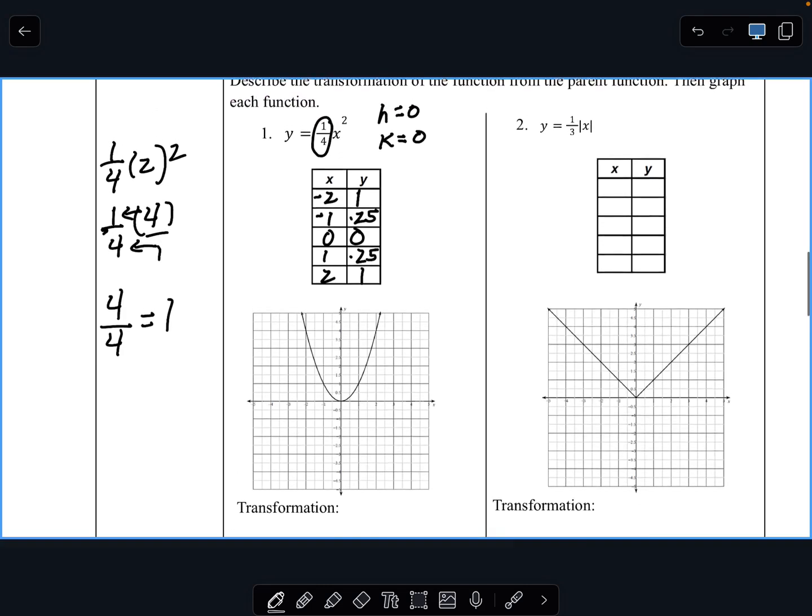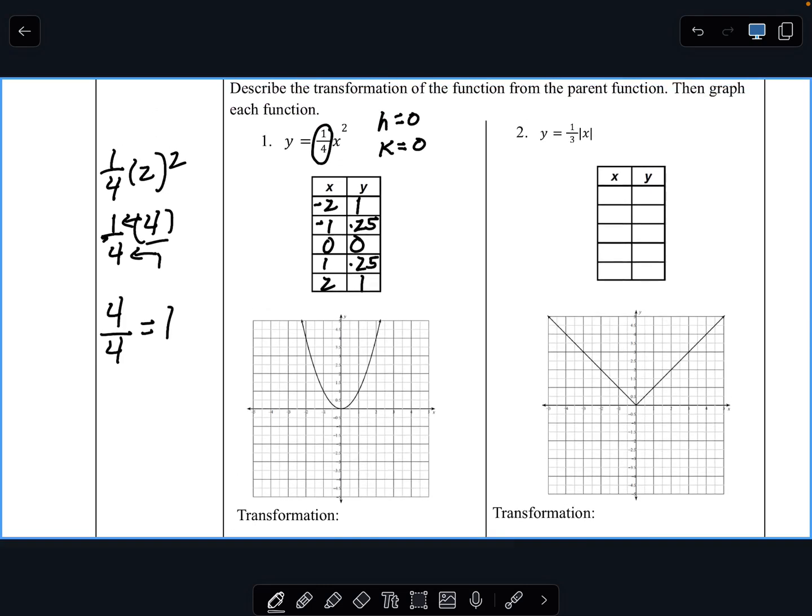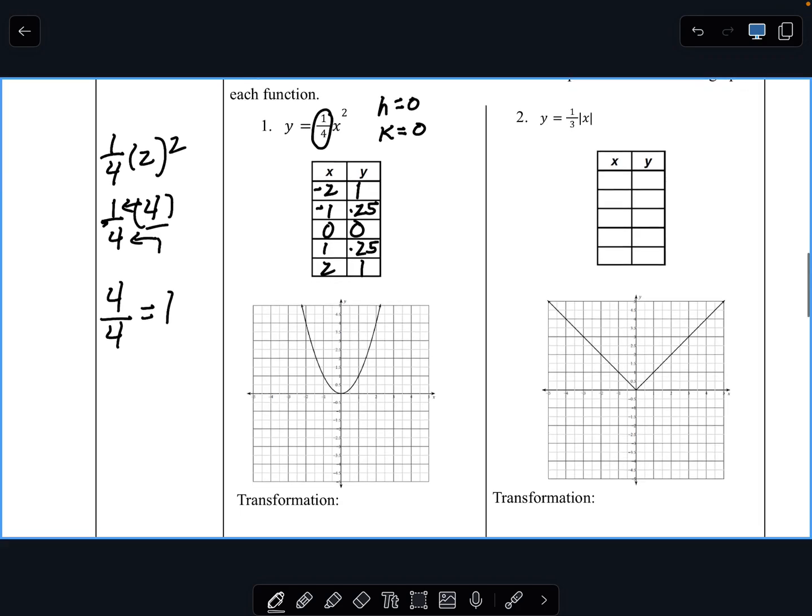So, if this graph right here that's already there is my parent function, x squared, what does this vertical compression look like? Well, the 0, 0 is going to stay the same. So at 1, instead of being at 1, I'm going to be at 0.25.